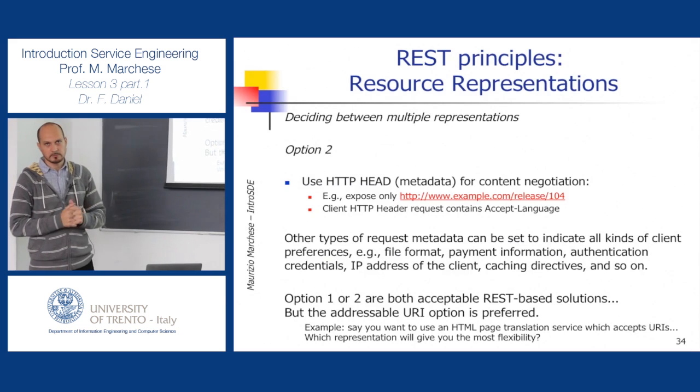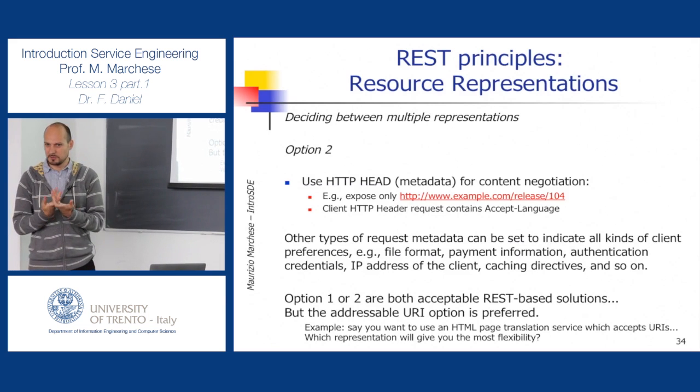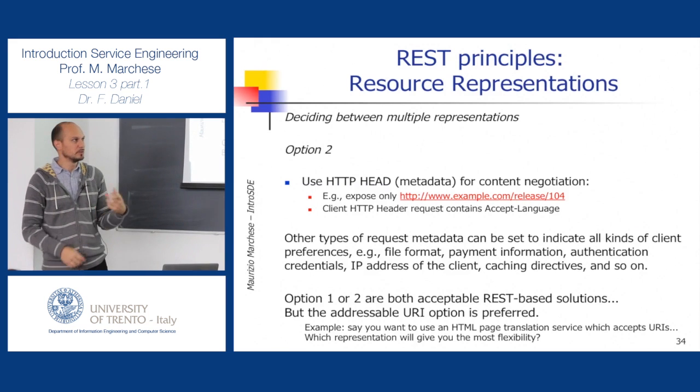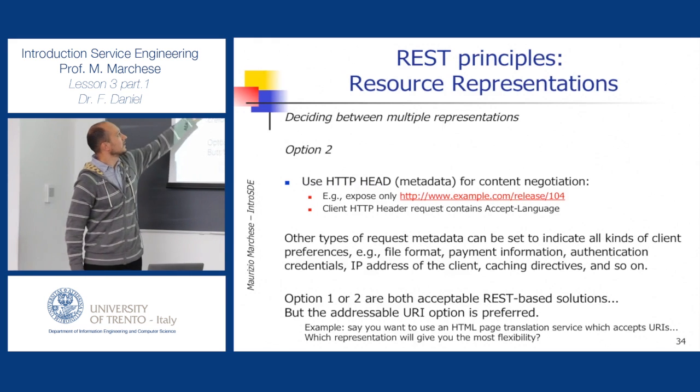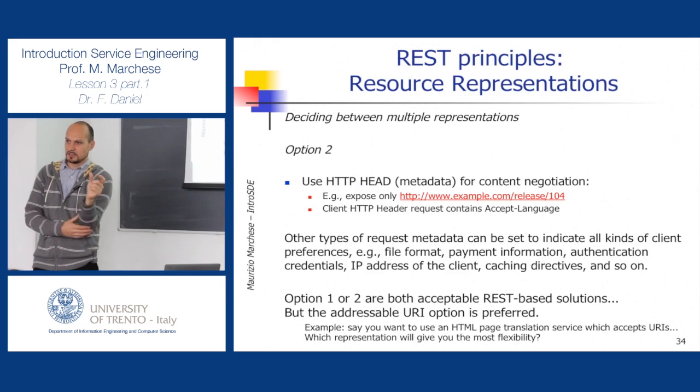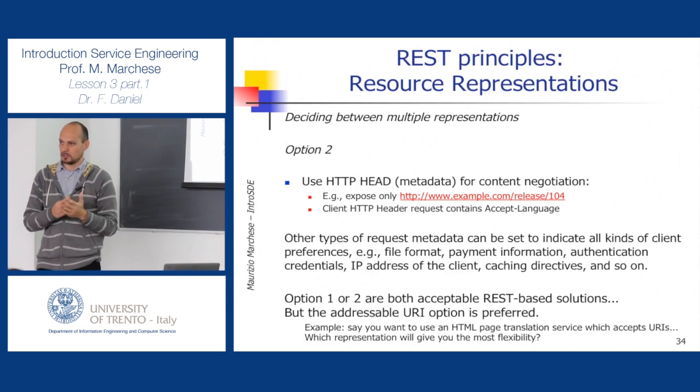Option number 2 is a bit more difficult to understand because it's harder to visualize like this. It is based on a dedicated HTTP method, called the HEAD method. There's a resource.